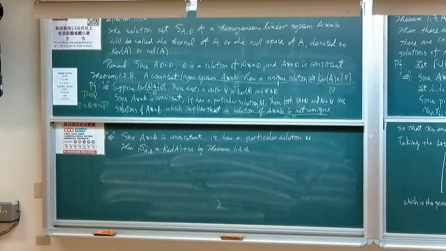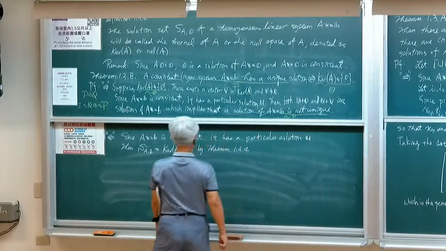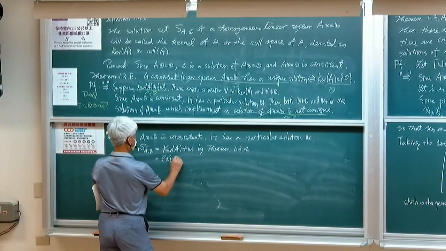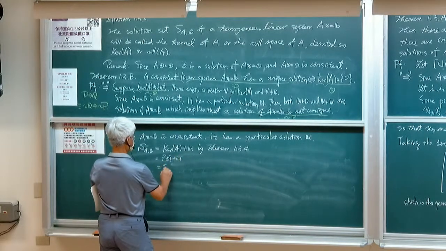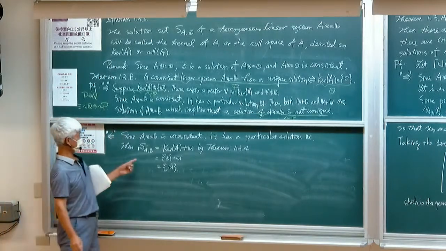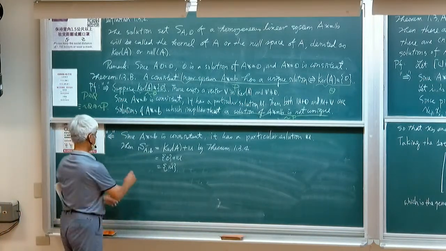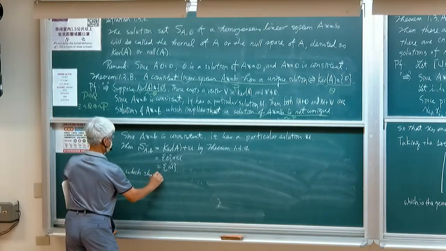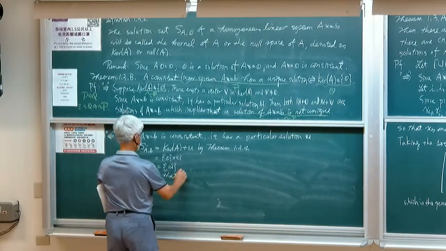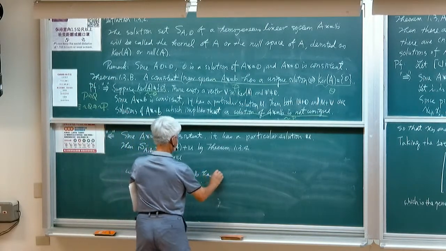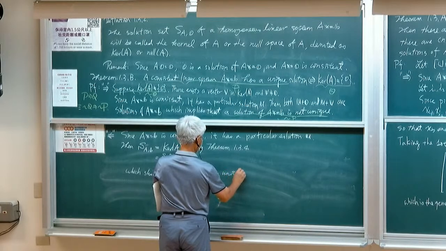Okay. So you have that. And this is equal to U only. So the solution set, which shows that Ax equal to B has a unique solution.